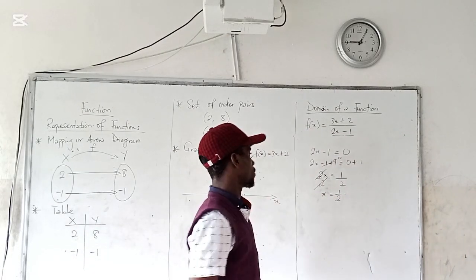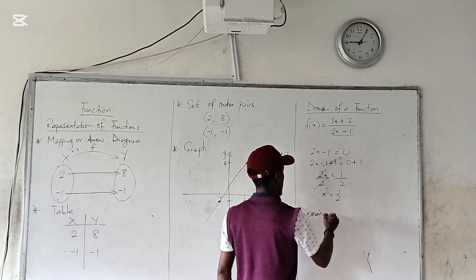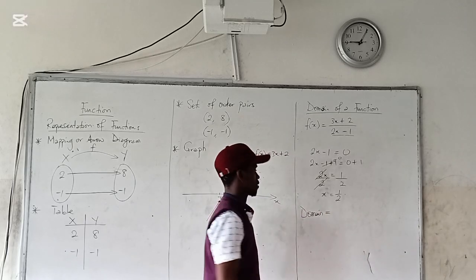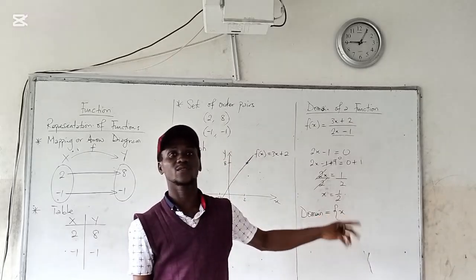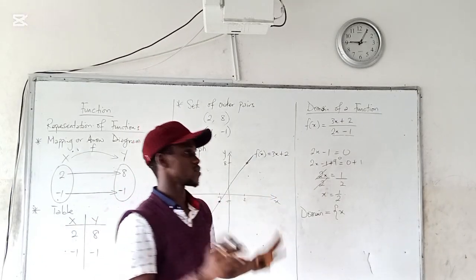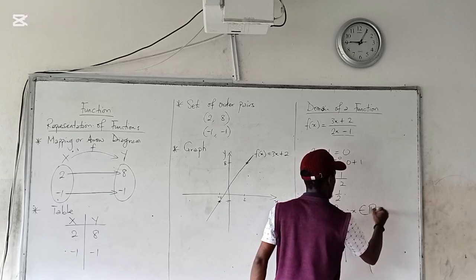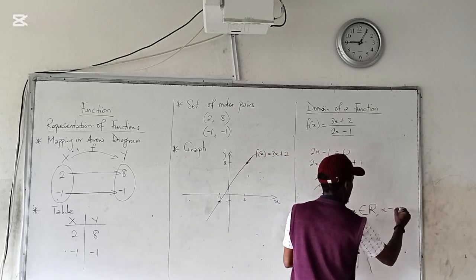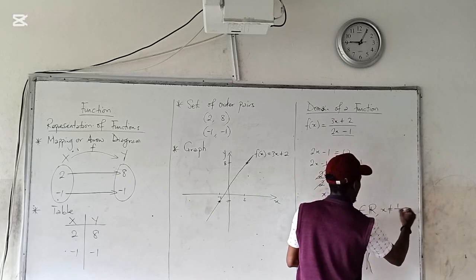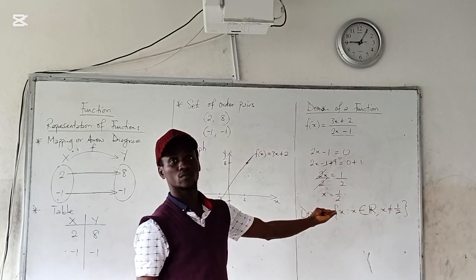So now, what will be my domain? I can write it as: my domain is x, where x stands for any real number, such that x belongs to the set of real numbers, comma, x cannot be 1 over 2.